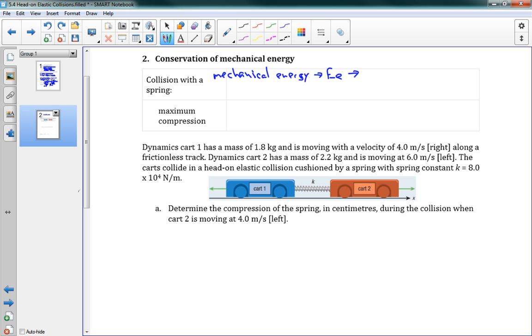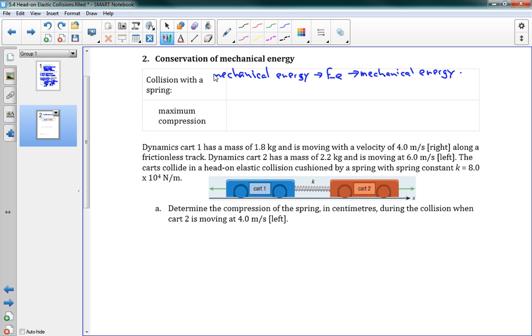But then the spring will get compressed, and then it'll be pushed apart again, and it'll go back into mechanical energy, and as if sort of nothing ever happened. Okay, so we can convert for a second into that spring, and then convert it back into mechanical.